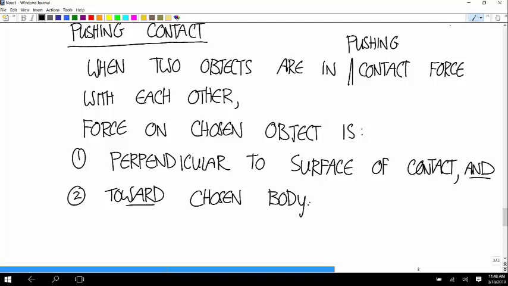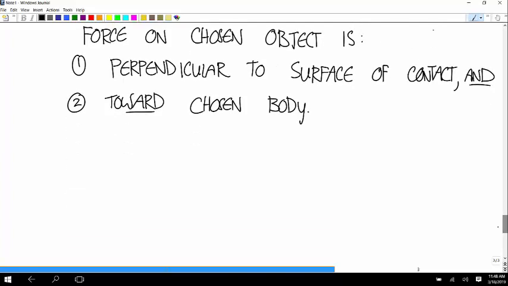Okay, so for example, let's say that on the floor there's a box. Call that body 1, and then it's leaning against a ball. I'll call that body 2.